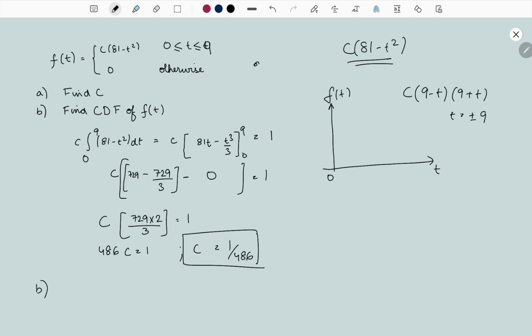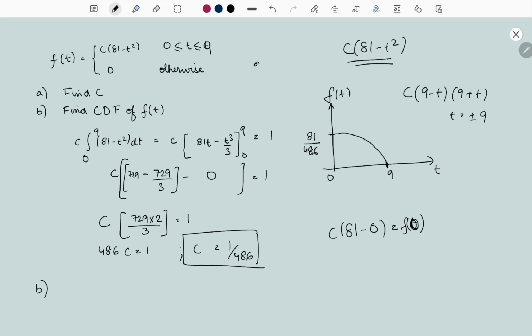We just concentrate on the positive side. So it will be 0 at 9, and at 0 it is c times 81, or 81 by 486. So the graph will go something like this.